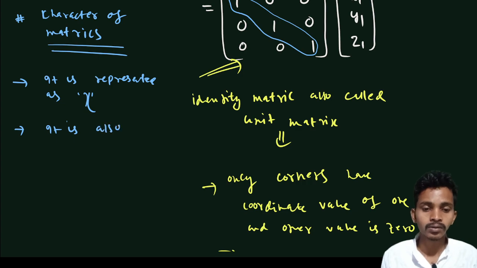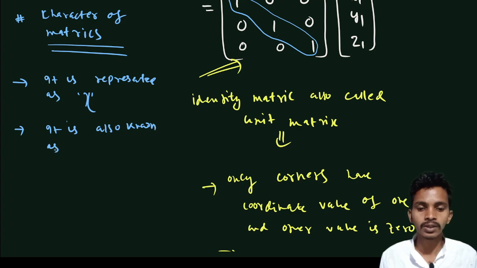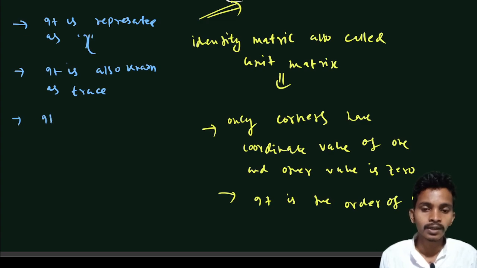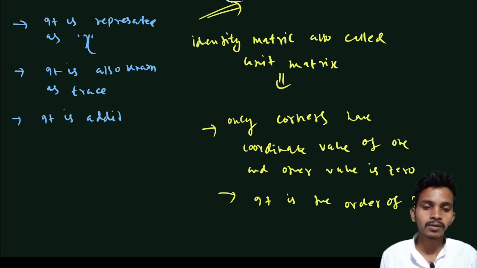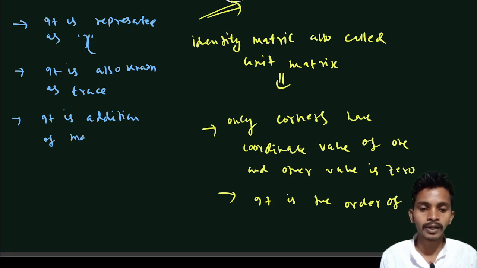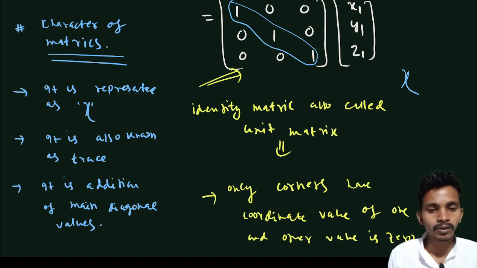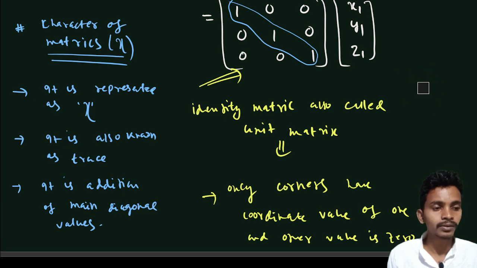It is also known as the trace. Actually, the character is the addition of the diagonal values, or you can say the main diagonal values. So here the character means the addition of diagonal values. I can represent it like this, and this is for E. We are seeing the identity matrix, so I will write E here. It is the addition of these diagonal values.